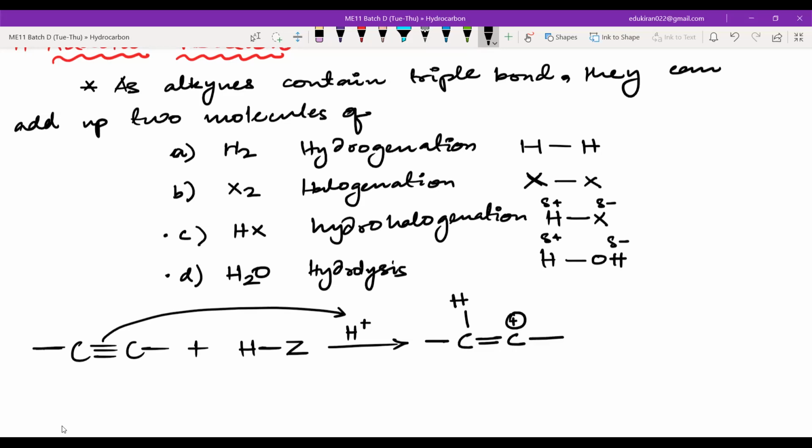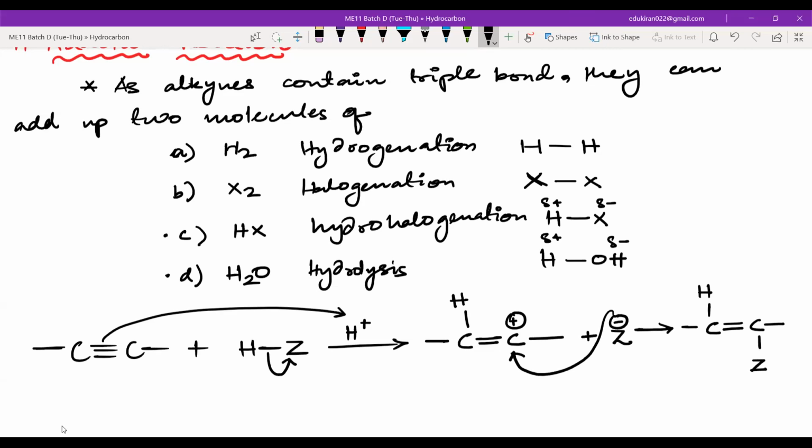So this is our intermediate, followed by Z minus. The Z will take up electrons from here, and the Z will attack the carbon from here, and you are going to make hydrogen here. There will be a double bond, and there will be Z here, like this. Okay, so this is a simple mechanism.